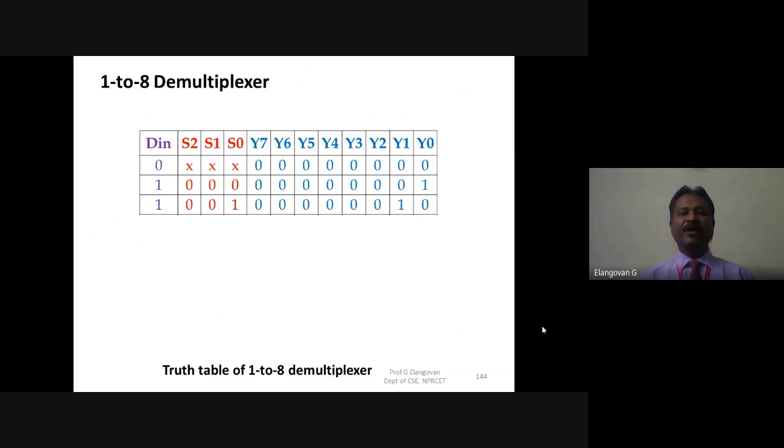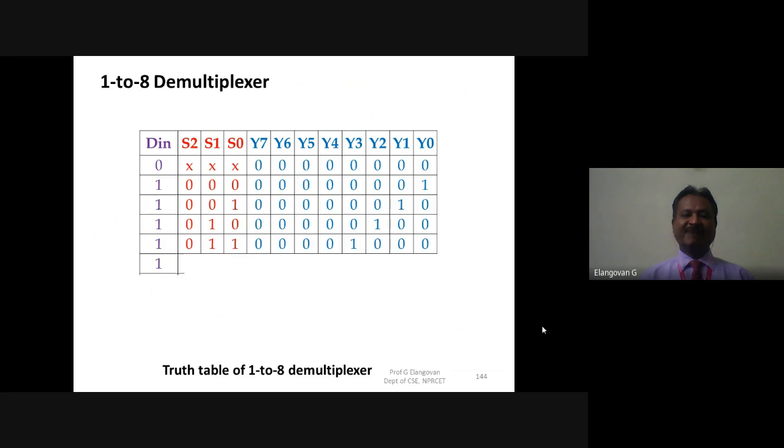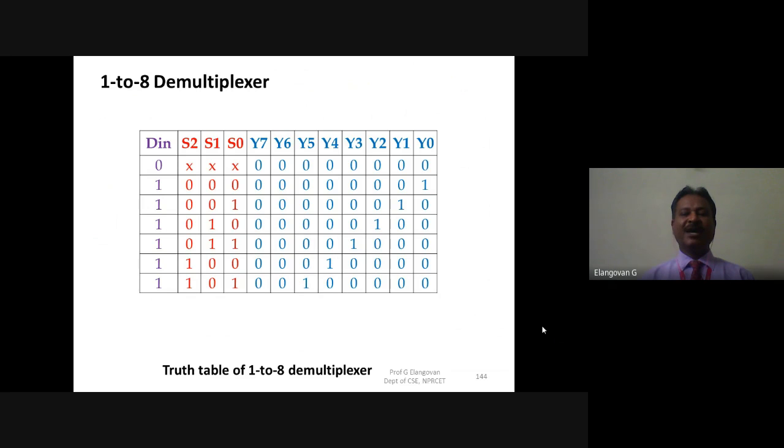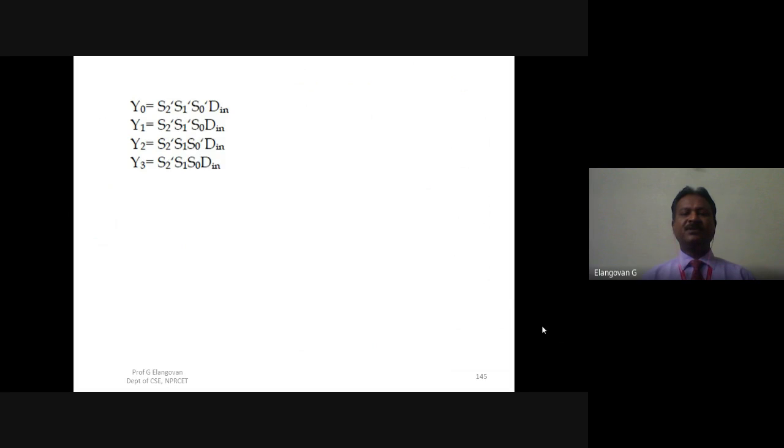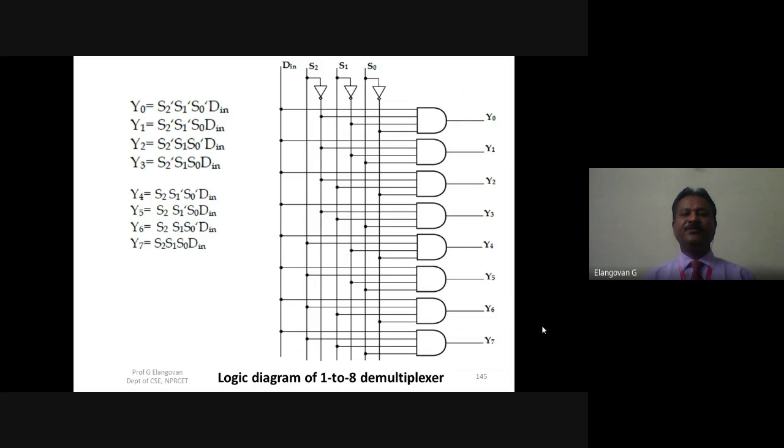So either Y0, Y1, Y2, Y3, Y4, Y5, Y6 or Y7 will be at high level. You can see in the output column that only one will be high level for any select signal combination. The same thing we can implement using a logic circuit.